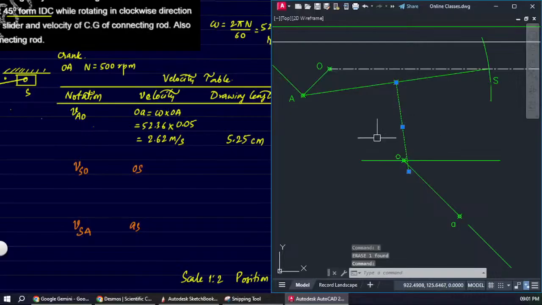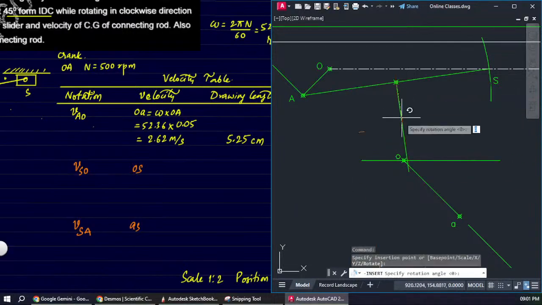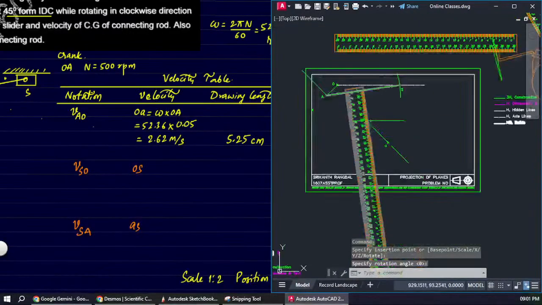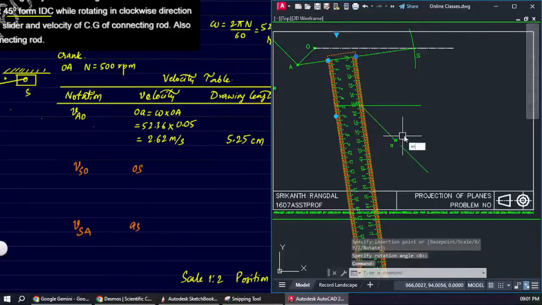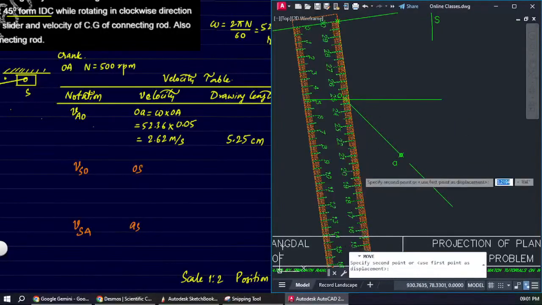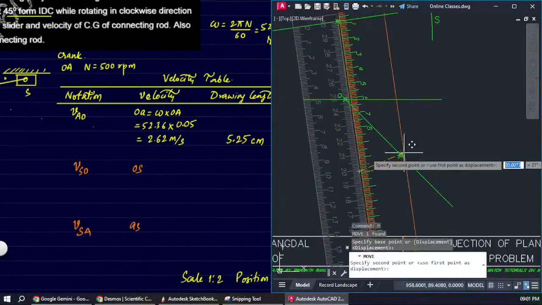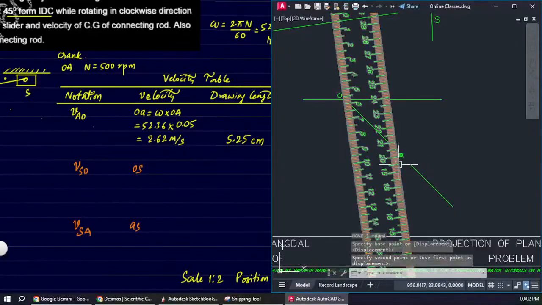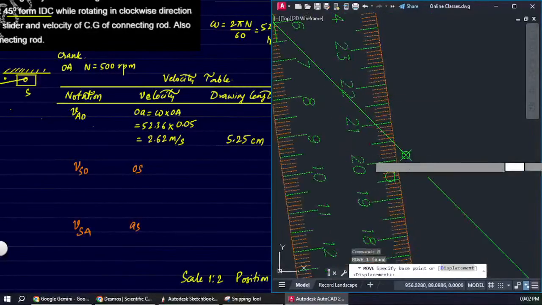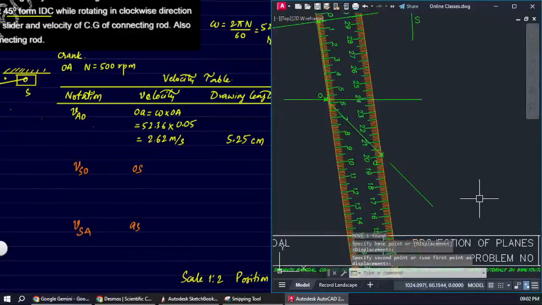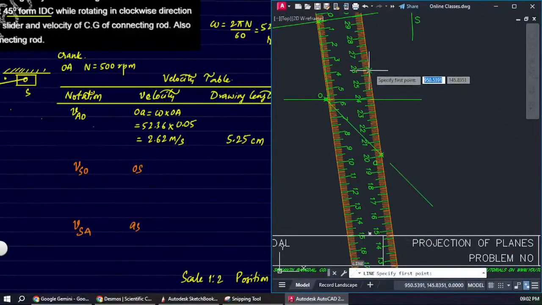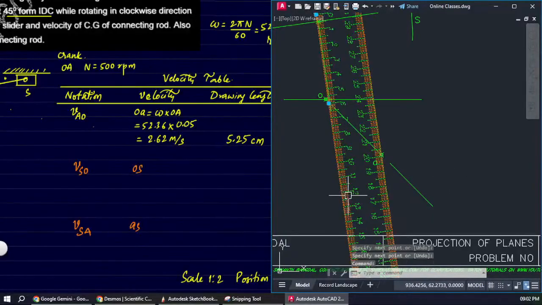Right, so this is the perpendicular that we needed. Once the perpendicular is in place, we take our roller scale, place it parallel to this, and roll it till it meets the point A. It has to pass through the point A. Once it passes through the point A, we just draw a line.